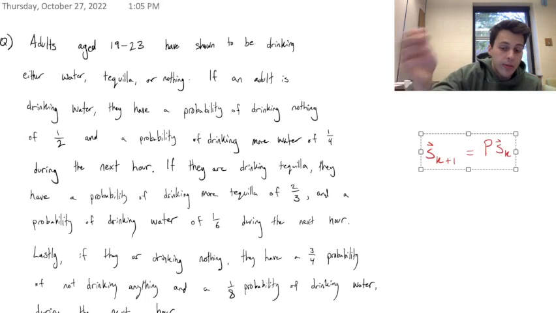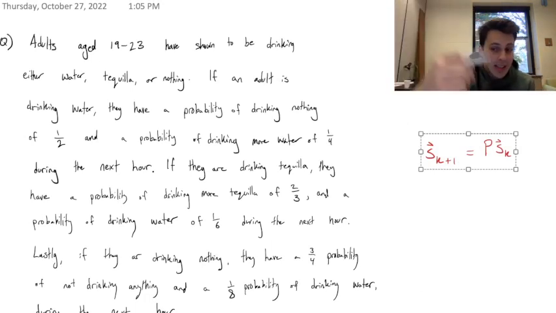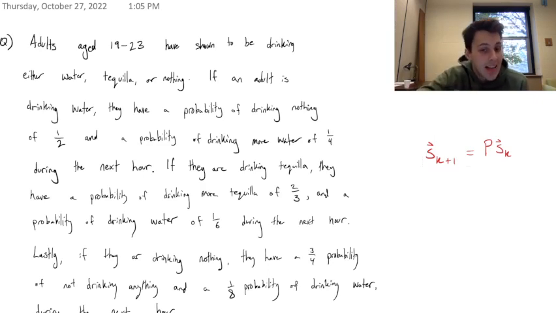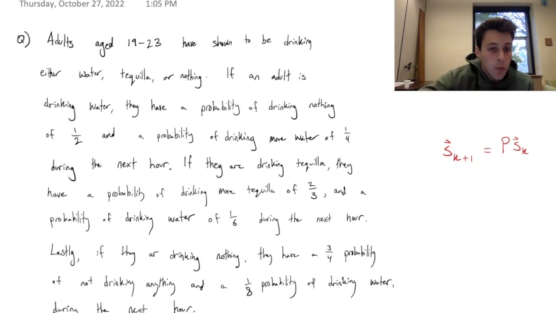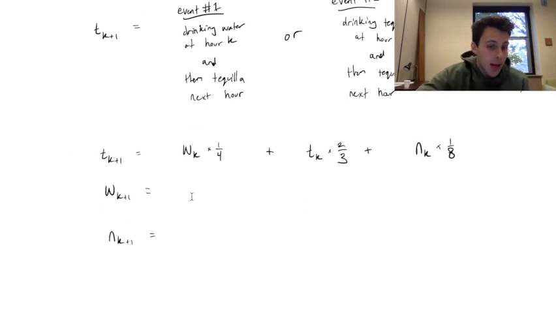We've got the following probability at iteration k plus 1 is equal to our stochastic matrix multiplied by the state vector s sub k. So I'm going to pause and try to come up with WK plus 1 and NK plus 1 on your own, all right? So pause the video right now, and I'm gonna fill out what these answers are. Just a sec.